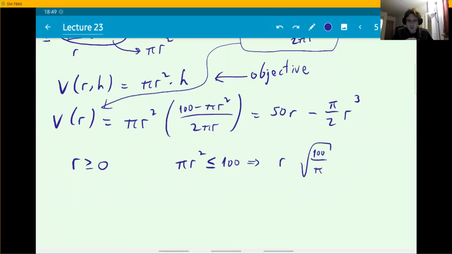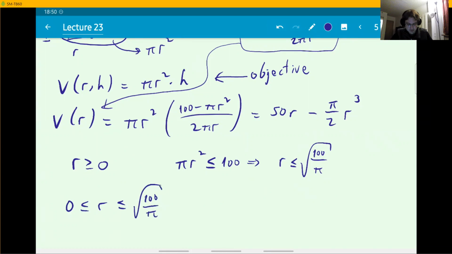If you have 100 for the base, then, well, there would not be any height. You don't have any aluminum left for the circumference, right? So this is the maximum that you can have as the area of the base. And solving for r here tells you that r is smaller than this particular value, square root of 100 over pi. So this is just so you have a domain for your variable.